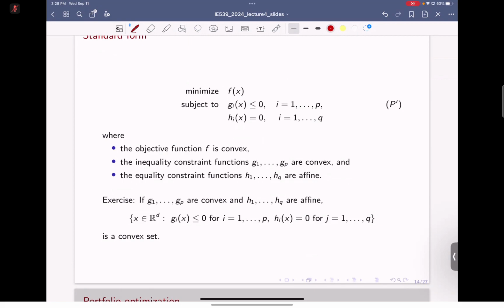So when you have a nonlinear convex function for h, but you still have an equality constraint for that function, then the resulting set is not convex.